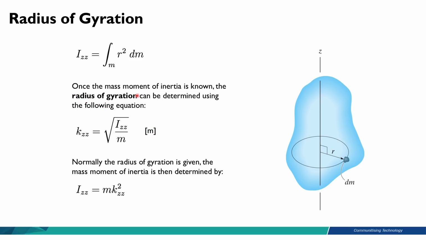So from the radius of gyration given, we can determine the value of the mass moment of inertia. Normally the radius of gyration is given and the mass moment of inertia is determined by this equation: I equals mk squared, because k is equal to the square root of I over m.